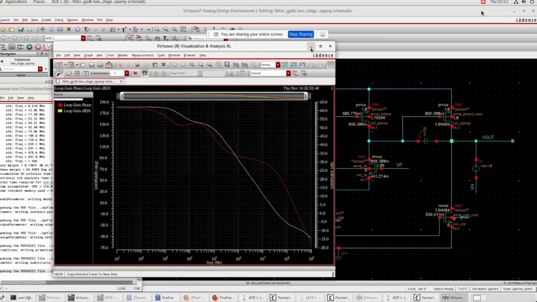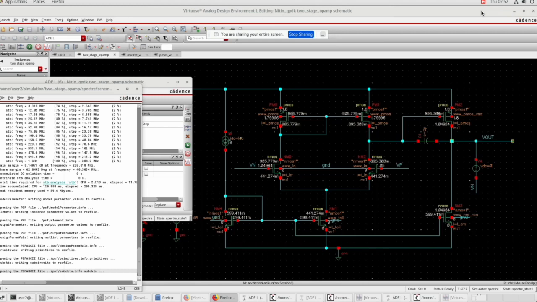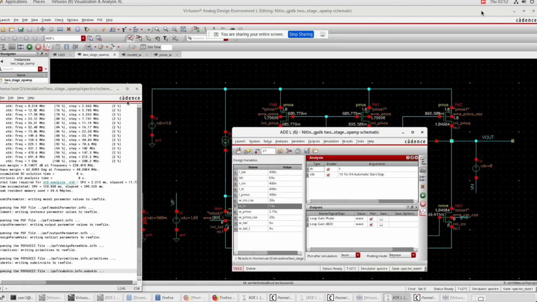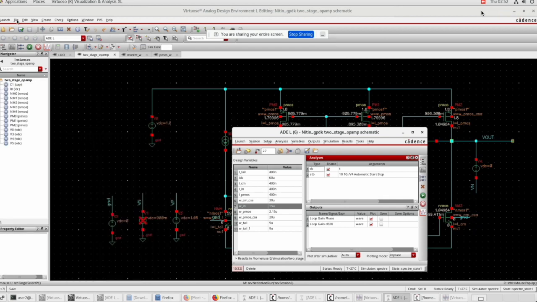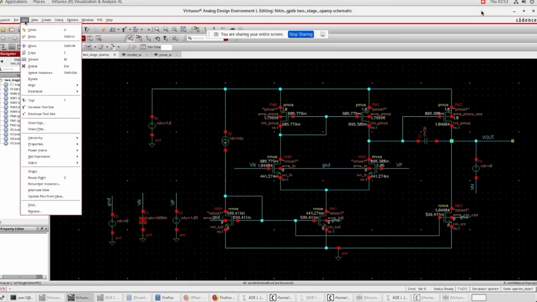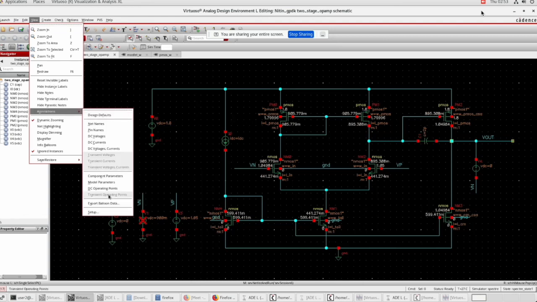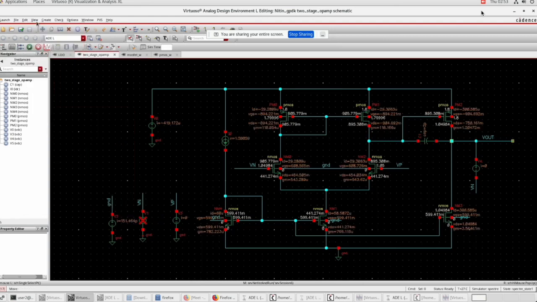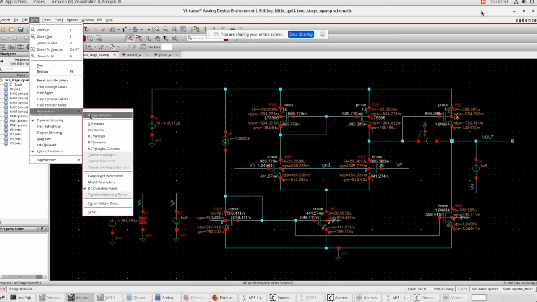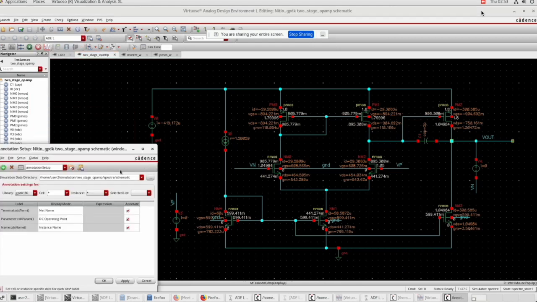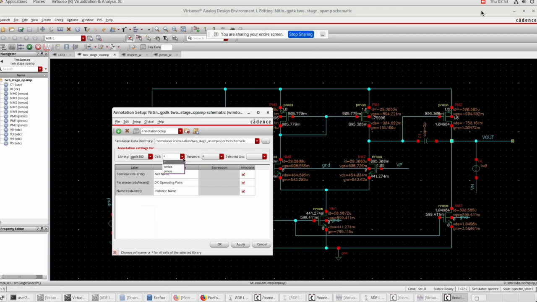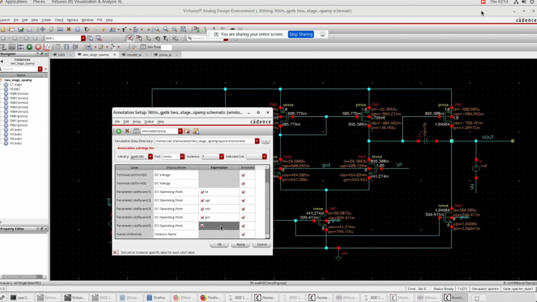Okay, first let us see in what regions all the MOSFETs are operating in, because that is very important. To see in what regions they are operating in, I'll go to annotations, DC operating points, and then setup. I'll add region here.